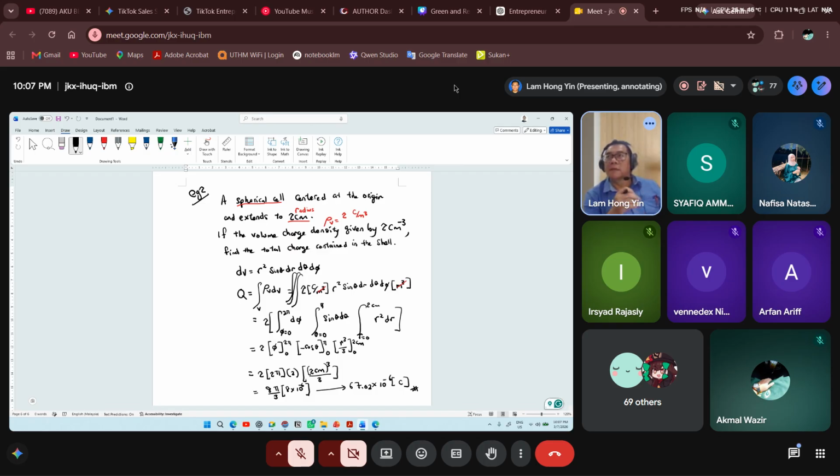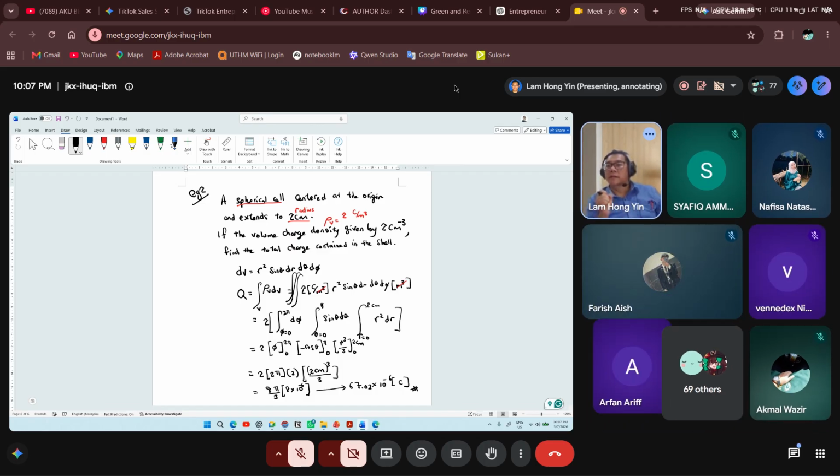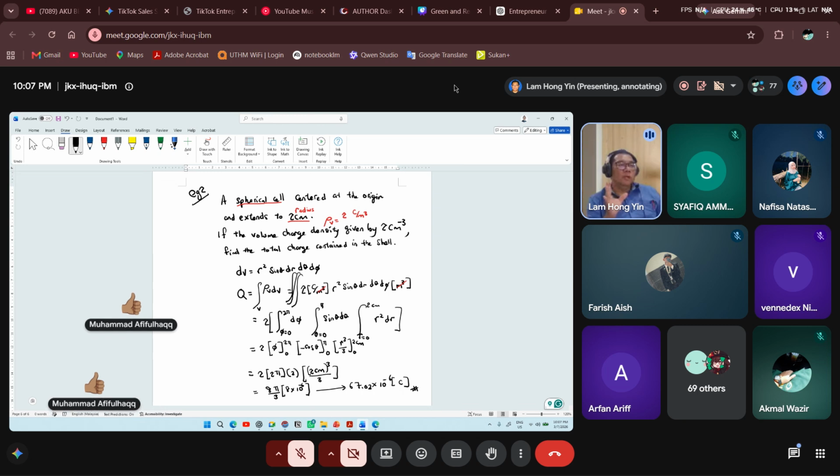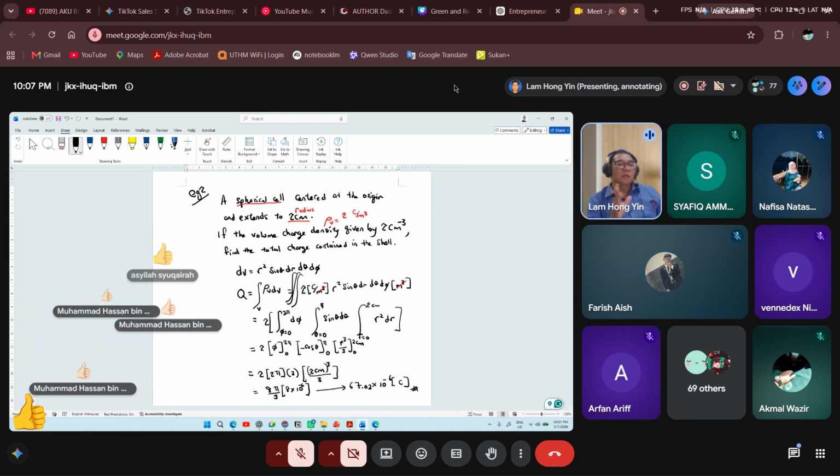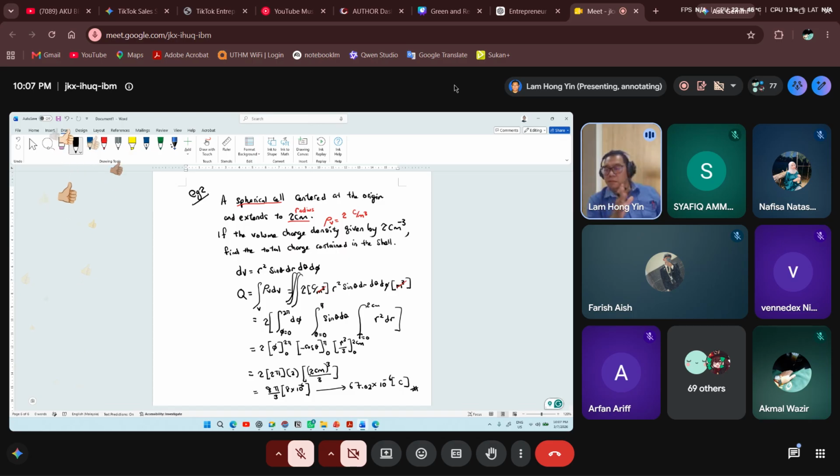So take your time to study from the mathematics revision up to continuous charge, then extend a little in advance, study Gauss law and electric potential before we enter class on Sunday night.